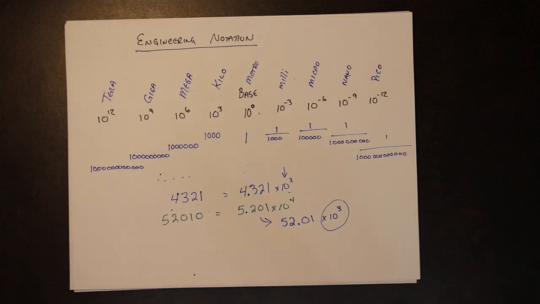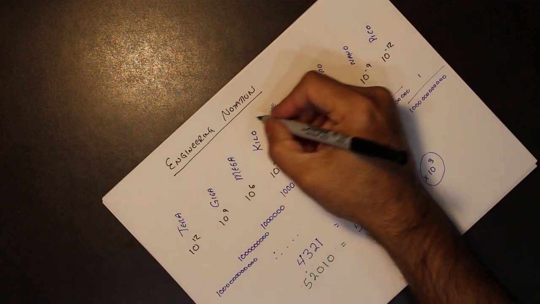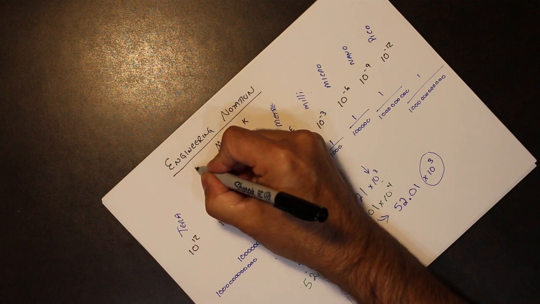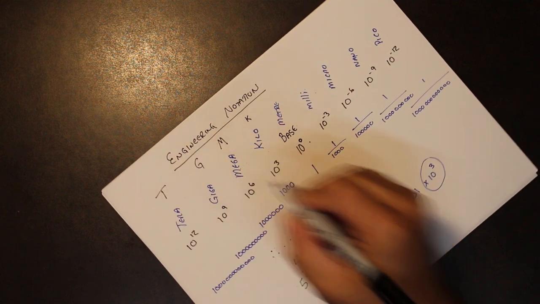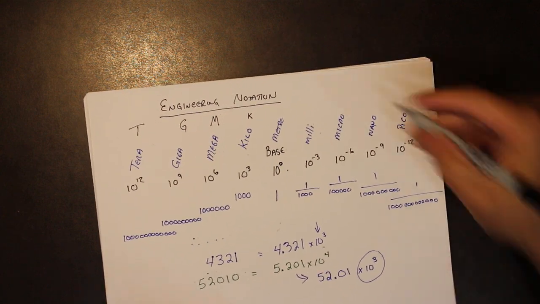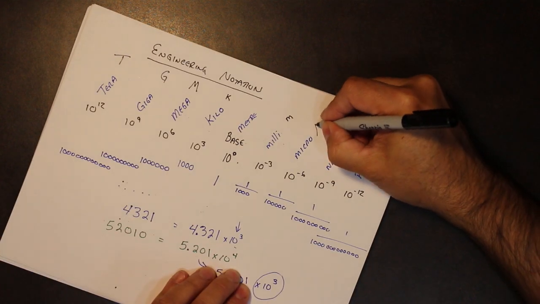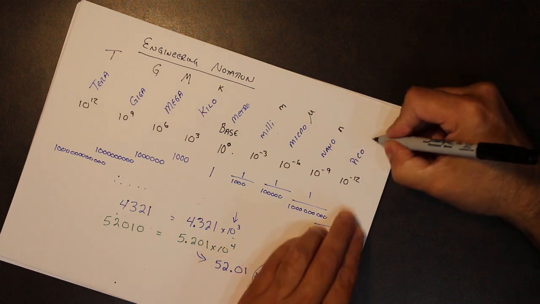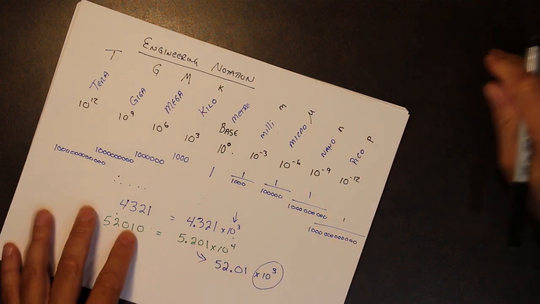The symbols for each of these look like this: K, capital M, capital G, capital T, small m, Greek letter mu, small n, small p.